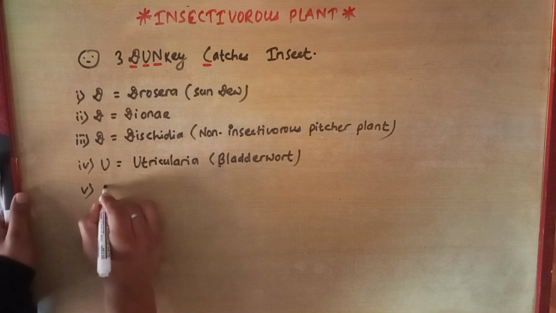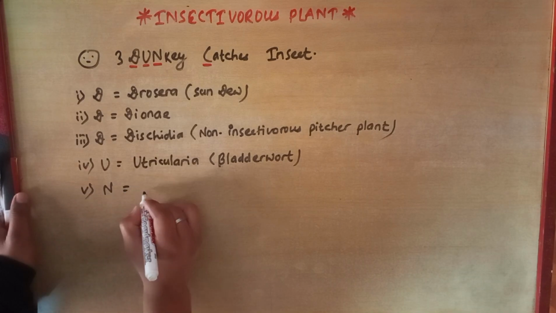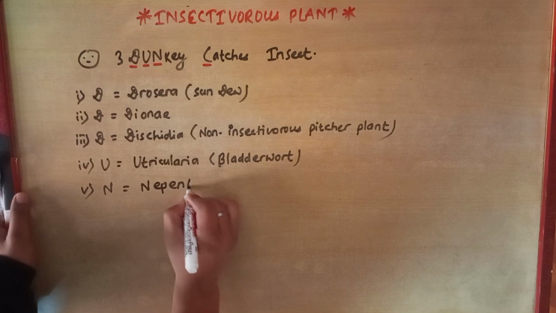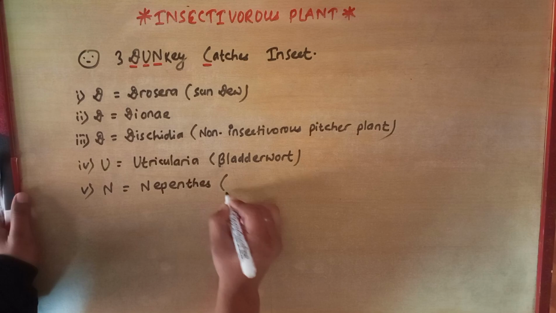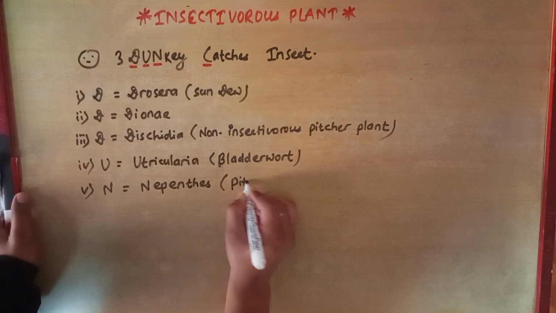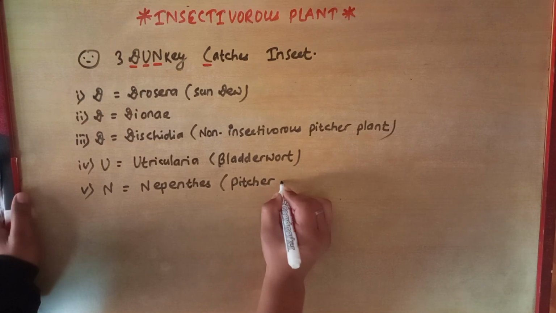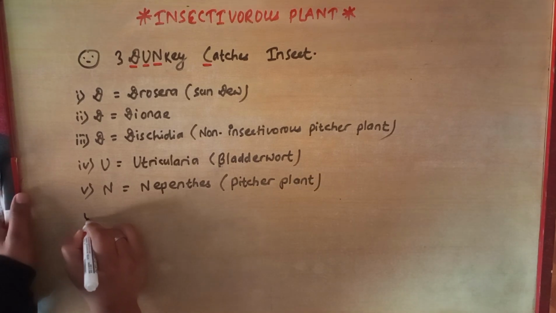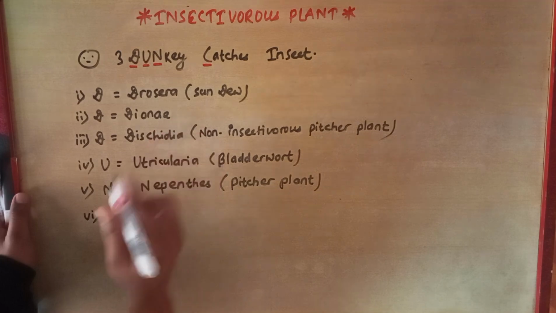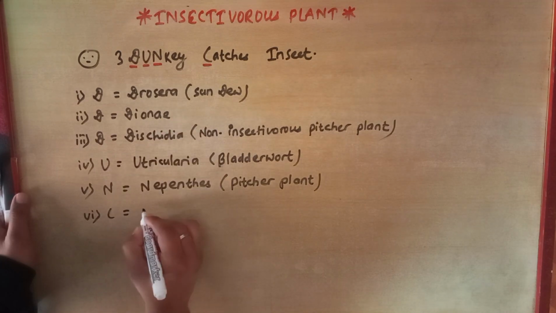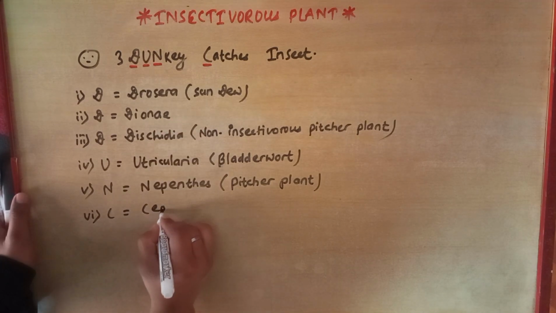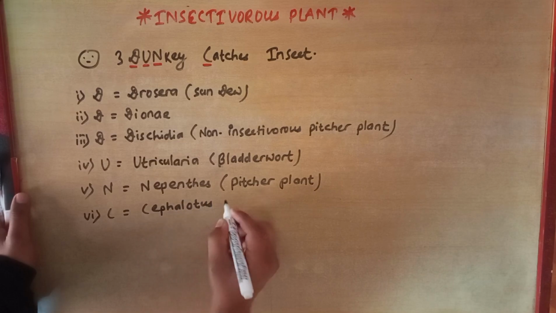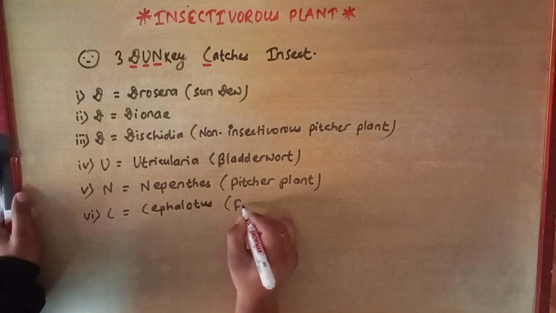In the fifth we have N, N means Nepenthes, that is pitcher plant. In the sixth we have C, so C means Cephalotus, that is flycatcher.